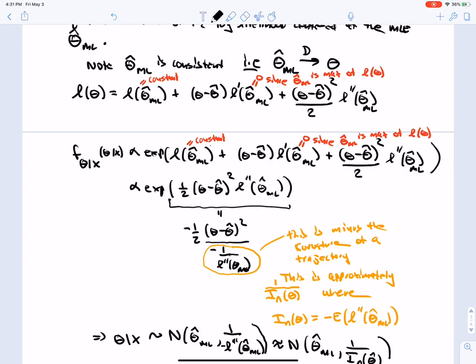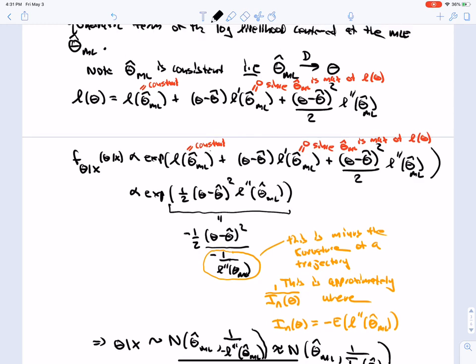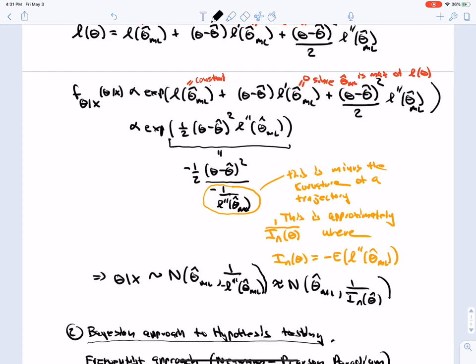So we have the form exponential of minus 1/2 (theta minus theta hat) squared over minus 1 over the second derivative of the log likelihood at the MLE. And so now, what is this second derivative? We have a trajectory, which is, say, the first element of our sample.